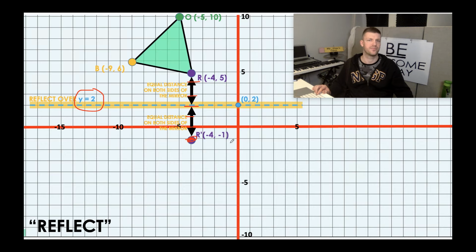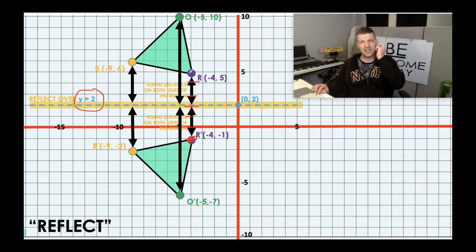Okay? Does that make sense? Same thing here with B. Okay, and with O. That's the far one. Put there. Connect the dots.